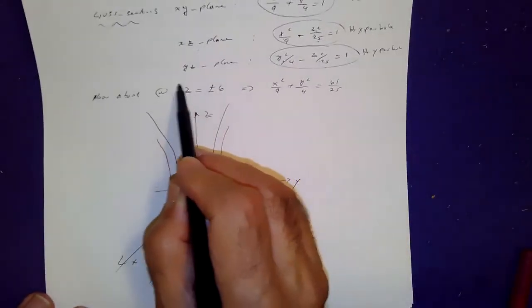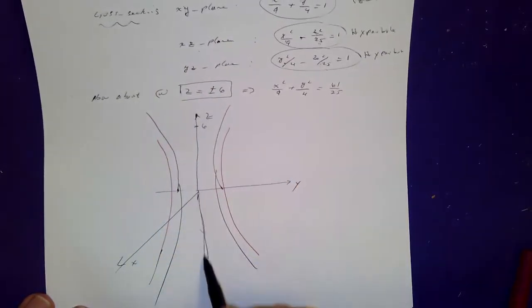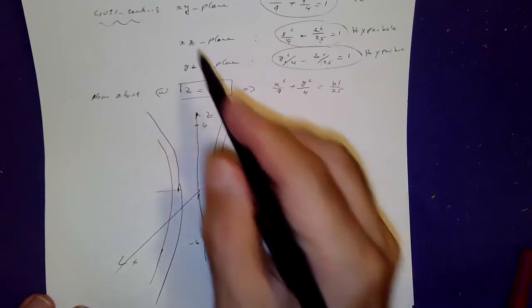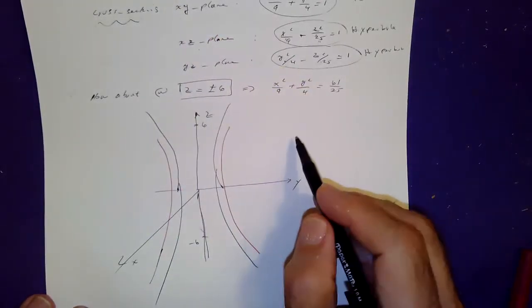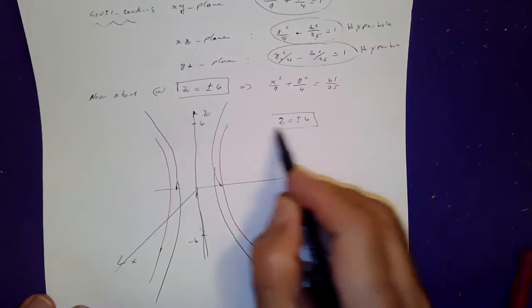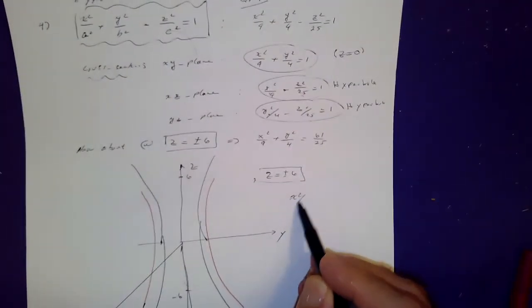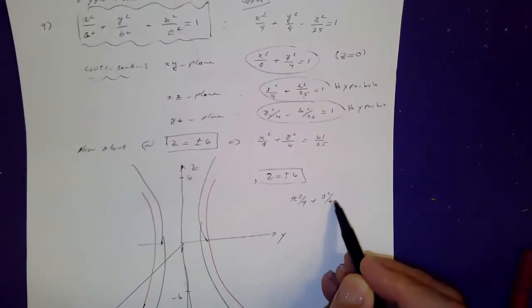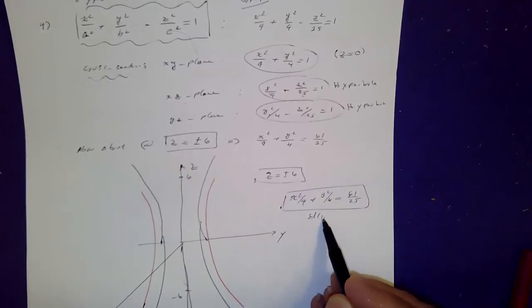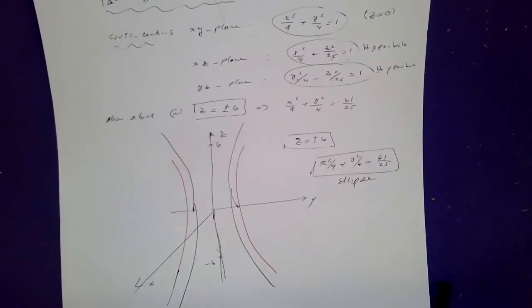And what happens when z is equal to plus or minus 6? In other words, what happens if you go 6 units up and 6 units down below the origin? What would happen to this guy? Well, it turns out if you replace the z with plus or minus 6 in the original equation, what you're going to end up with is x squared over 9 plus y squared over 4 is equal to 61 over 25, which means the intersection would be a curve, and those are ellipses.